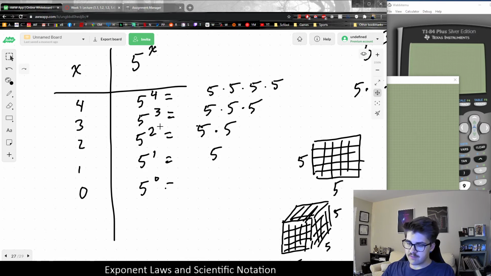So 5 to the 0 power must be 1, because 1 is what's often referred to as the multiplicative identity. It's the number which is the start of all multiplication chains. You cannot start with 0. When it comes to adding, nothing means 0. If I have nothing, that's just 0.